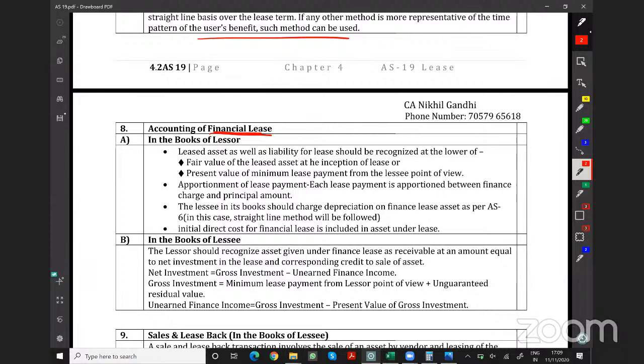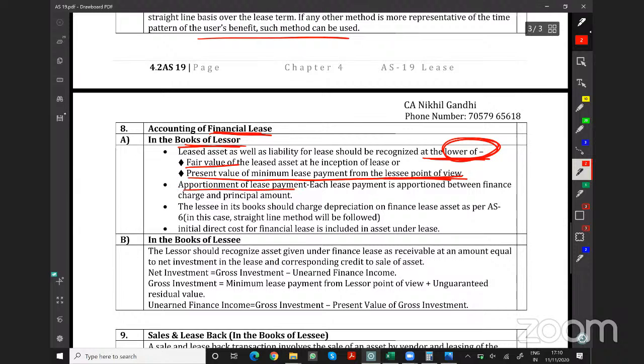So in such a case, leased asset as well as liability for lease should be recognized at the lower of fair value of the leased asset at the time of inception or the present value of minimum lease payment from the lessee's point of view. So, in case of lessor, it should be recorded at the fair value of the asset or the present value of MLP from the lessee's point of view.